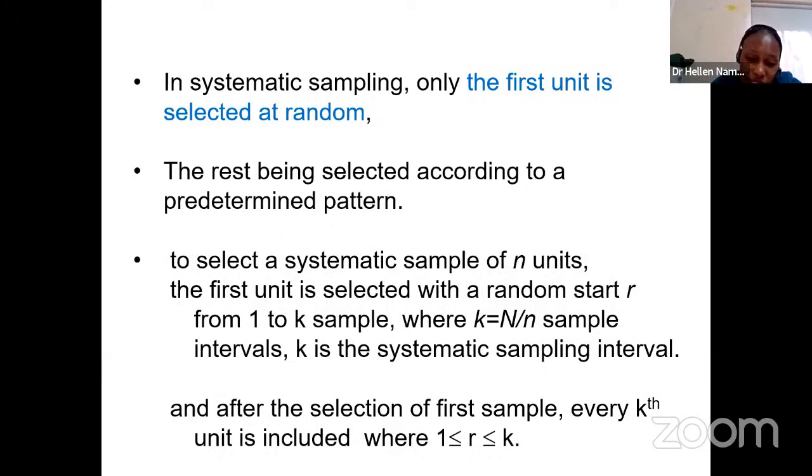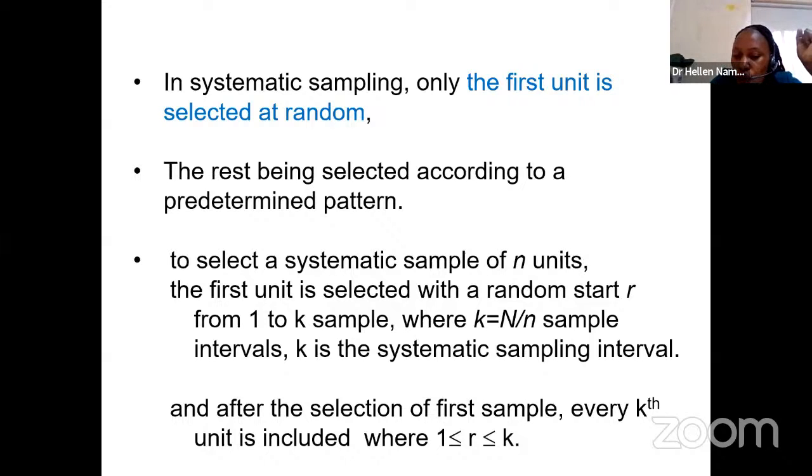at random, and then from a sample, let's assume that you're starting from 1 to k samples. So for us to get a systematic sampling interval, what we do is take the capital N, that is the population size, and divide by small n, that is the sample size.